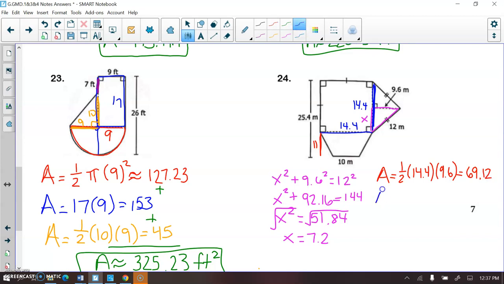To find the area of my square, that's going to be 14.4 times 14.4, which is 207.36.